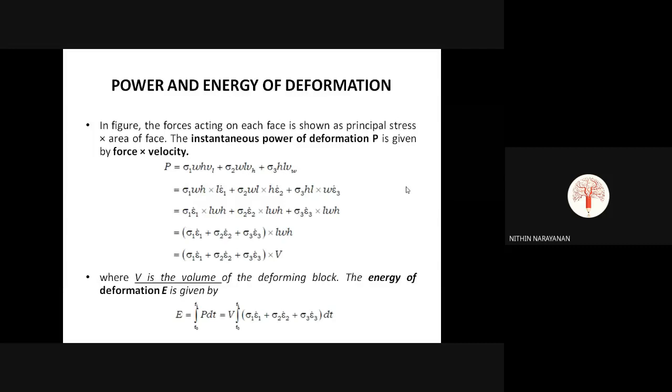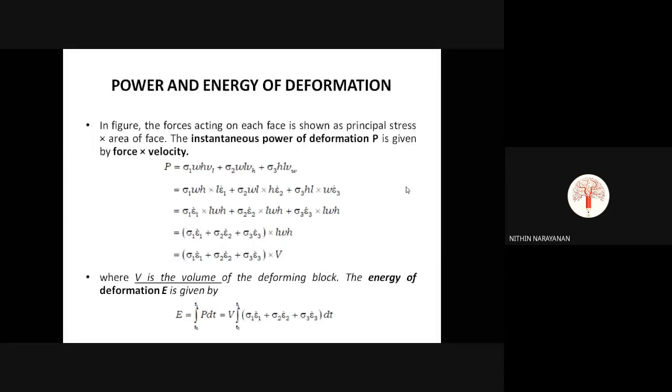So force acting on each face will be equal to principal stress into area. Okay, that means we can find it like this. So the three axes are sigma 1, sigma 2, and sigma 3. So the instantaneous power of deformation P is given by force into velocity.